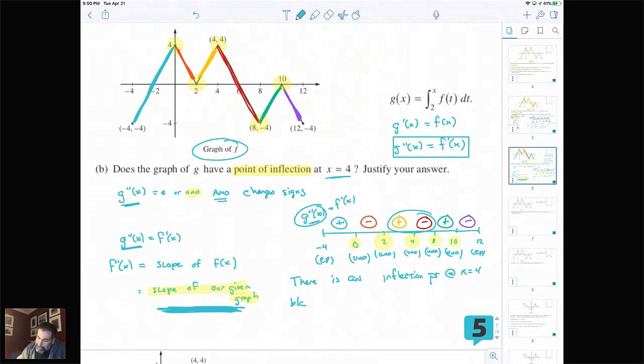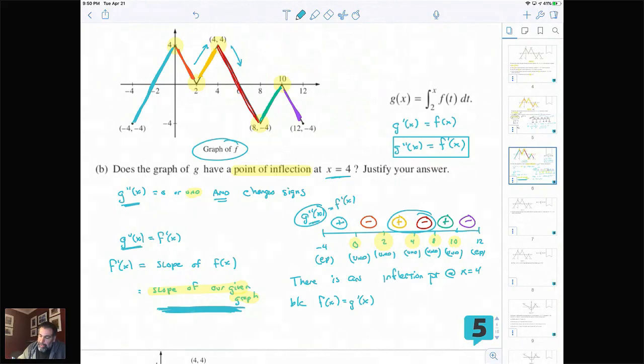So what I'm going to say is there is an inflection point at x equals 4 because f of x, which is equal to g prime, so we're working them both in, is now a place where it changes from, and again, I'm looking at 4 in this case, so I'm going this direction to that direction.